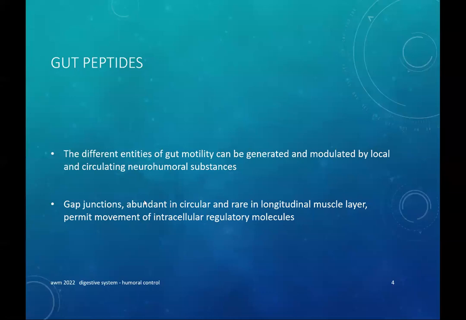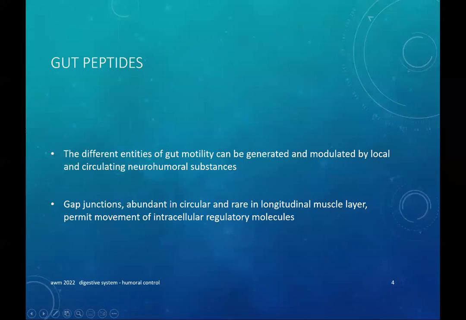What these gap junctions do is permit the movement of intracellular regulatory molecules. So remember, we said the circular layer, when it contracts, narrows the lumen. The longitudinal muscle, of course, contracts or shortens the gut, but it can only shorten it so much. We can't have all of the gut contracting into a one foot long thing.